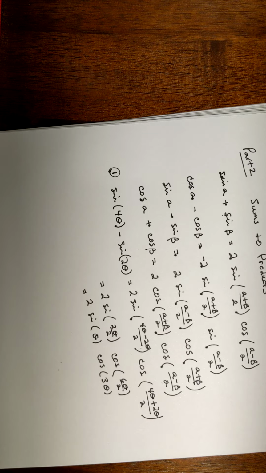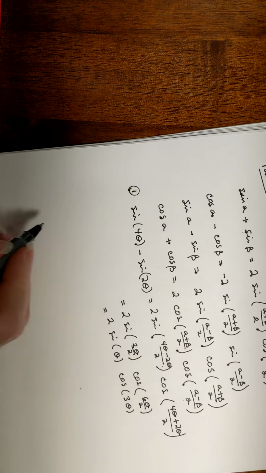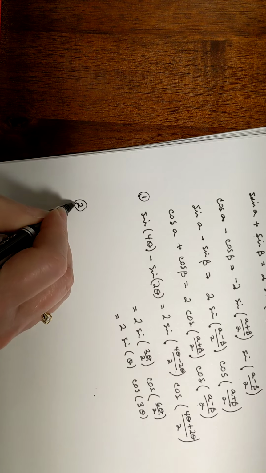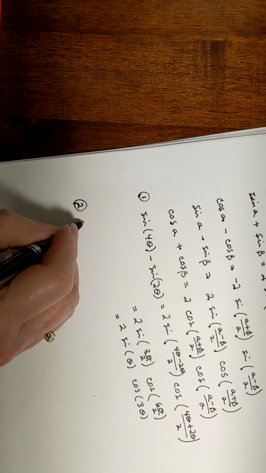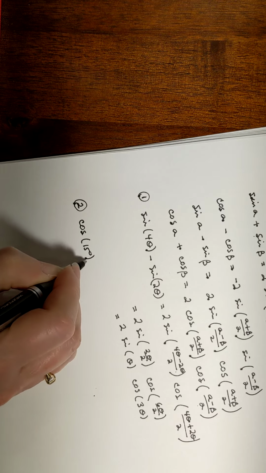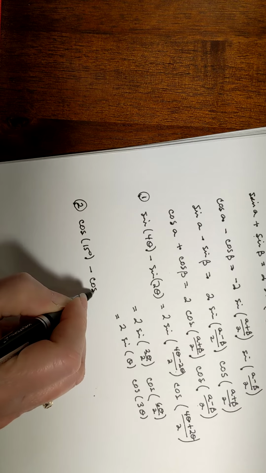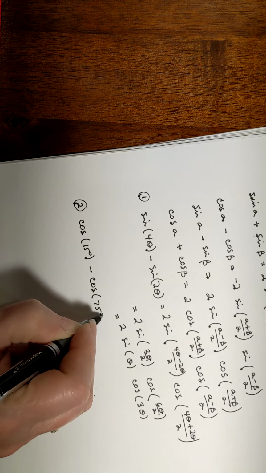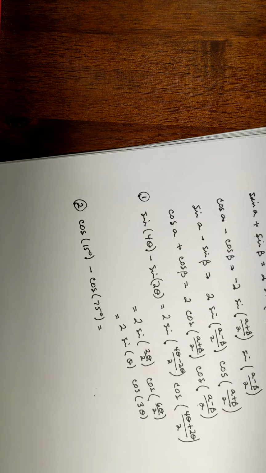Okay, let's look at another one of these. Let's say problem number 2. We have the cosine of 15 degrees minus the cosine of 75 degrees, and I want to see what that's equal to.